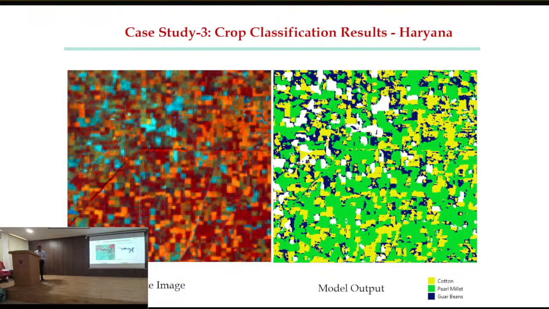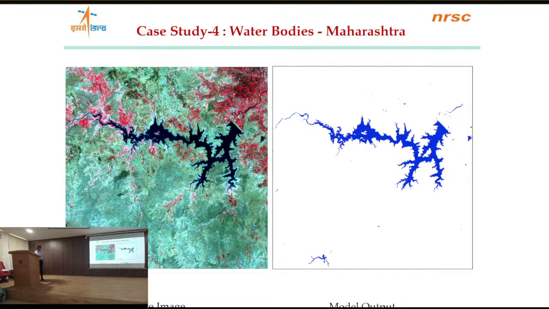Next, this is relatively easy but a very controversial subject: water bodies delineation. For water body delineation, we can do segmentation. Segmentation in the sense that we can classify pixel-wise, or segment-wise, or use artificial intelligence as well.